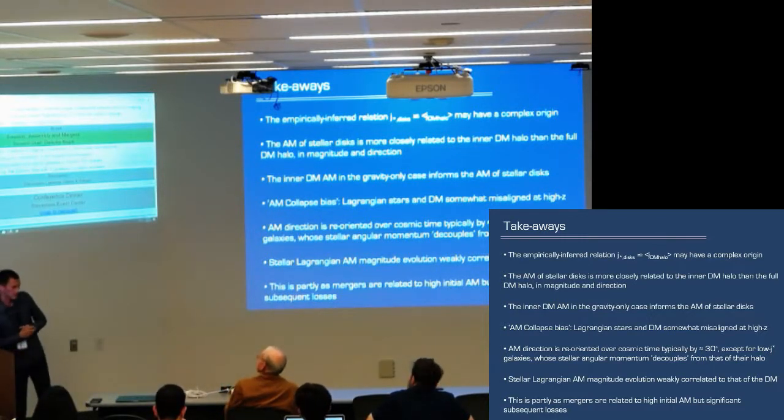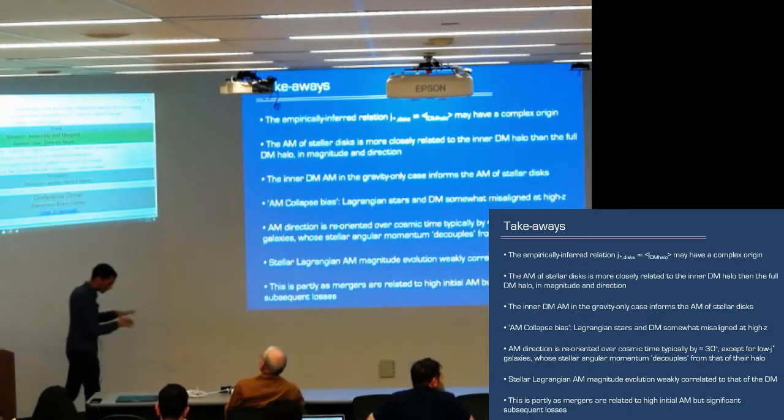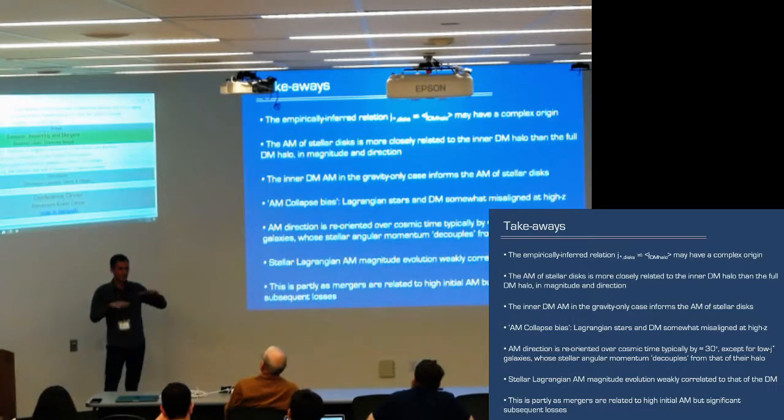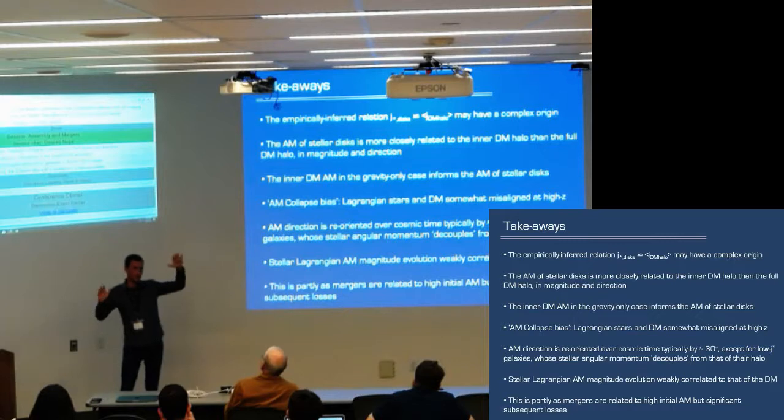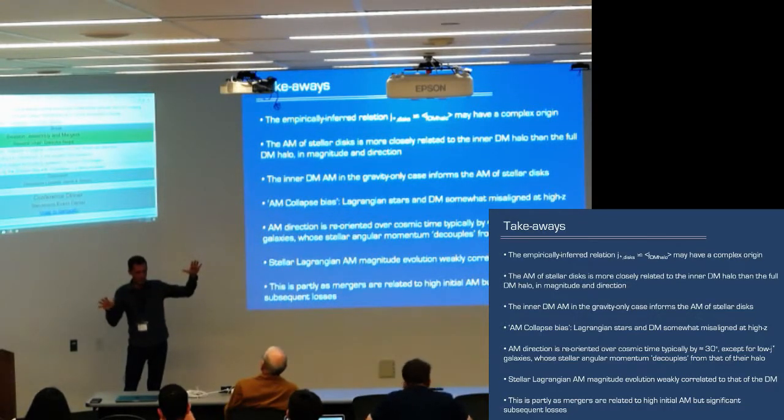I think this is actually consistent with tidal torque theory. Before turnaround, the angular momentum just grows with a growth factor. If you assume that the configuration of the cosmic web is constant, it is just being torqued more and more over time, and you can calculate at what rate it grows in the linear regime.